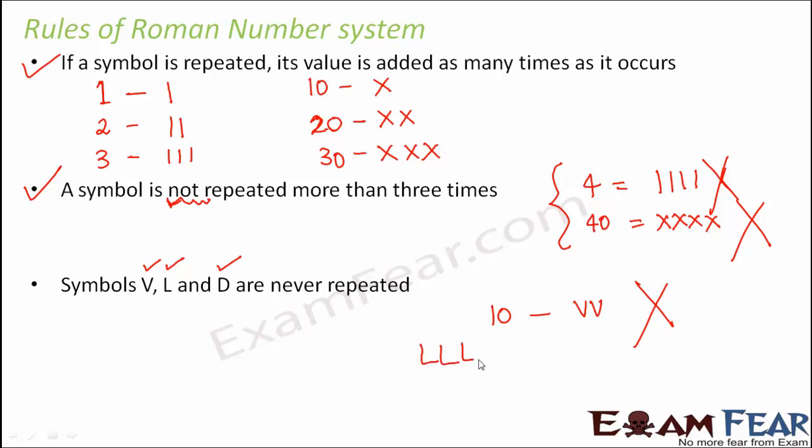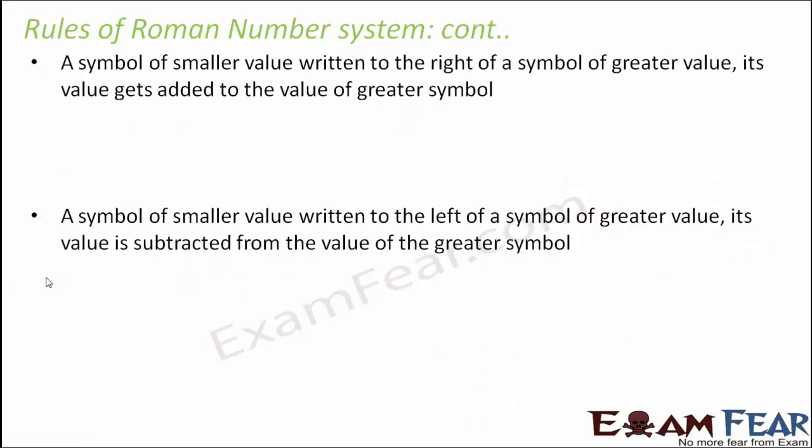So you can never have something like this. Right? So these are the first 3 basic rules about repetition of the symbol. By repetition of symbols, we can write the Roman numerals for a lot of numbers.